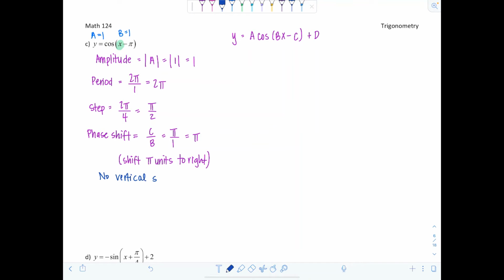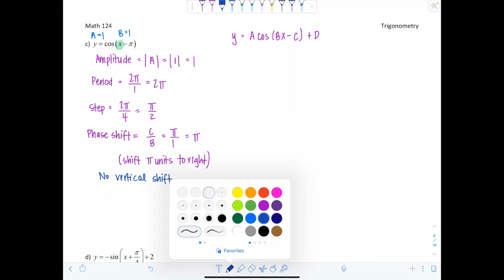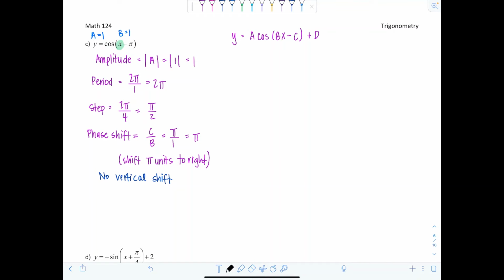And now let's start labeling our axes. So since there's a phase shift pi units to the right, instead of starting at 0 as my first key point, I'm going to start at pi. That's the only main difference, okay? So here's my y-axis. Amplitude's still 1. Here's the x-axis, and I'm going to start at pi.